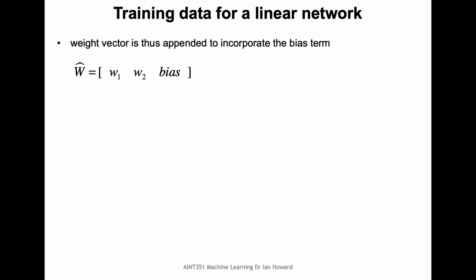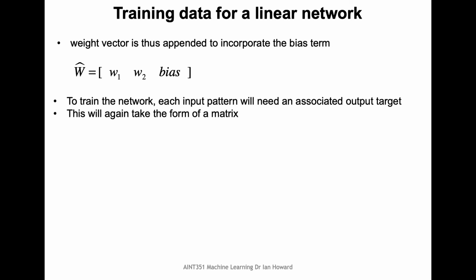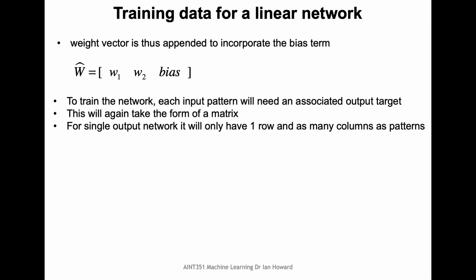So then we end up with a weight matrix which has also been appended with the bias term. In this case it's a nice simple system, just a 1 by 3 matrix. And of course, because we're going to be training this network, for every single input vector we need a corresponding target that we want the network to generate.